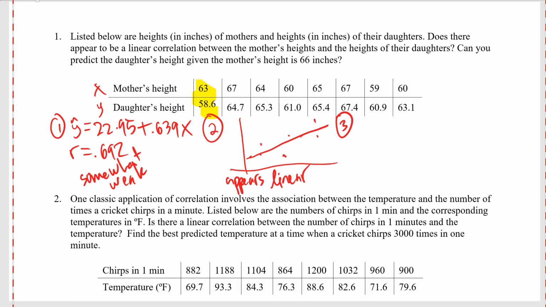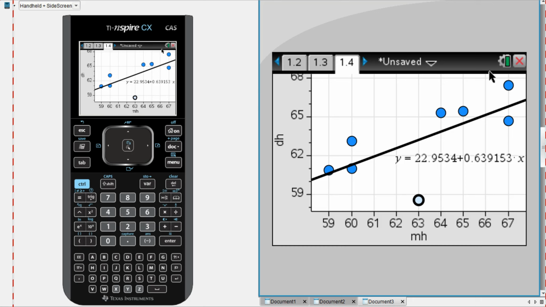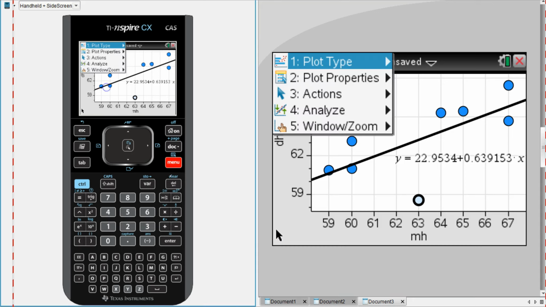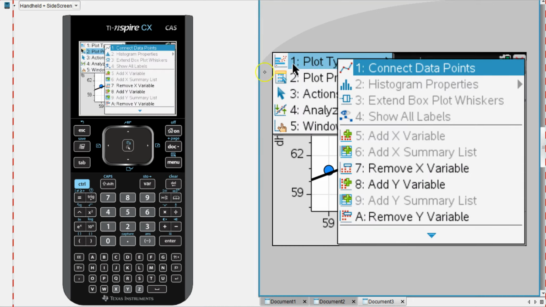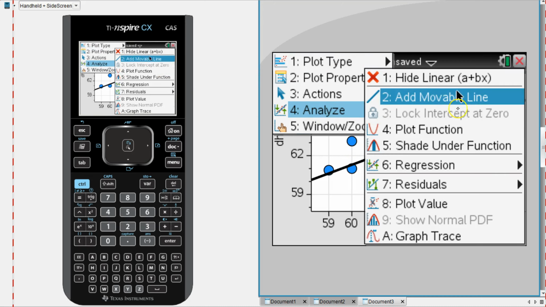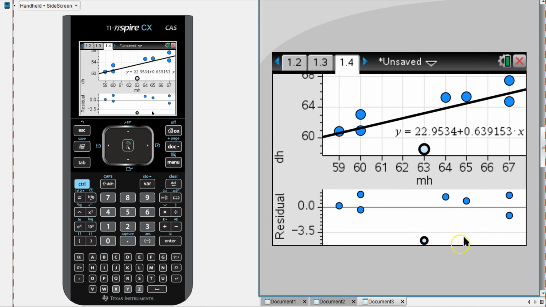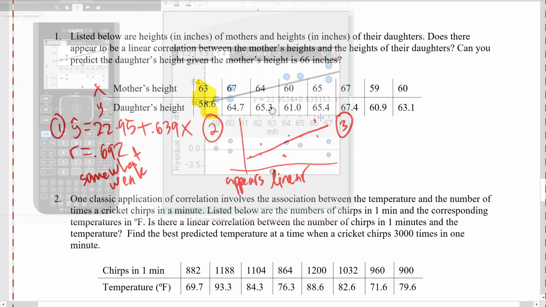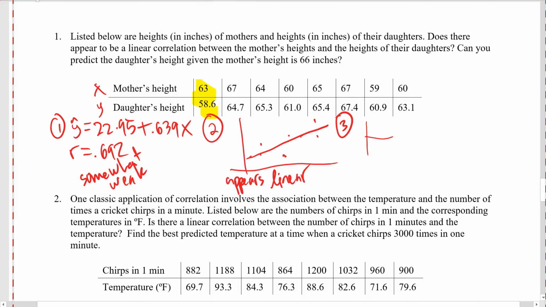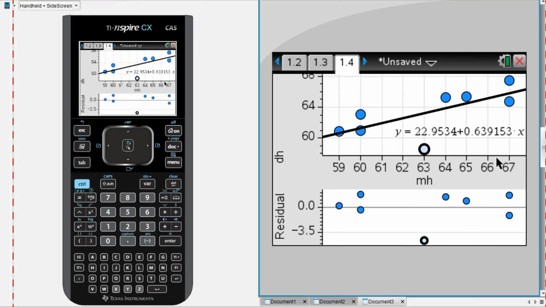Third, what I would do is I would say, okay, well then let's just at least see what the residual looks like. To get the residual, we add that menu, analyze, residuals, number 2, show that residual plot. Sketch it. Dot, dot, dot.